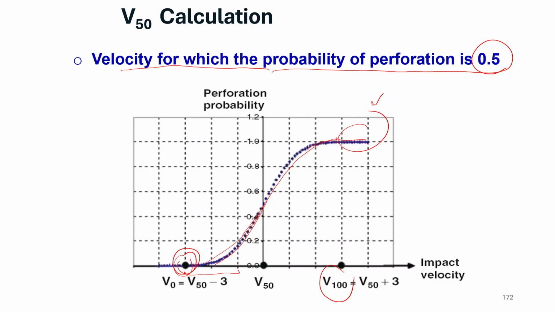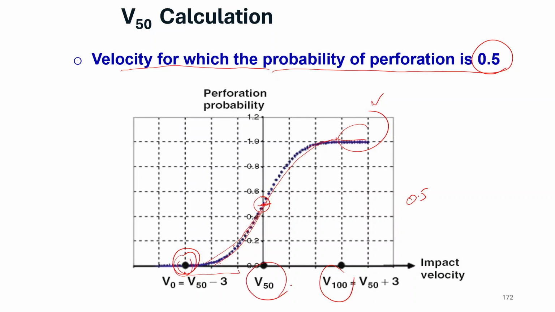So, from that we can plot this curve, and where the probability is 0.5, that is where the line crosses this line, intersects, that will be termed as V50.